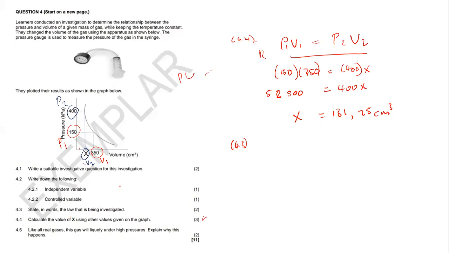We have ideal gases, we have real gases. Explain why this happens. I have a video where I was explaining all of these things. I'll send the link so that you can refer to it and understand better.